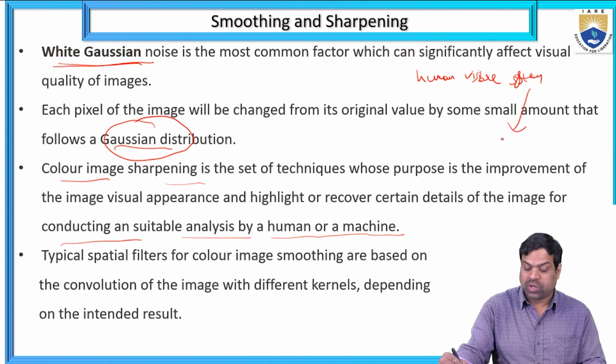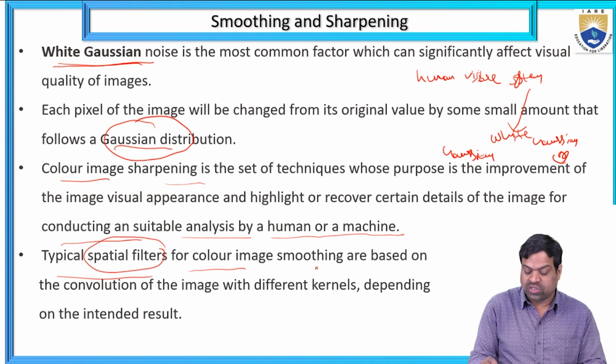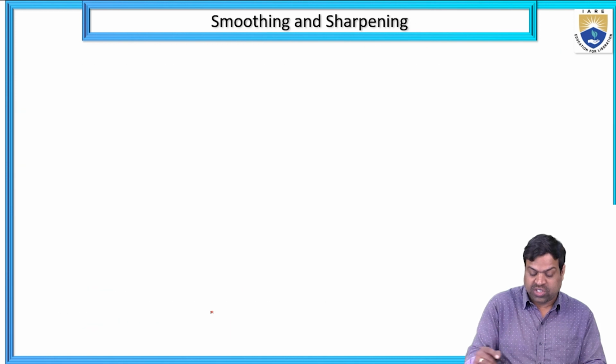As per the human visual system, we are applying the white Gaussian or Gaussian technique here. Spatial filters for color image smoothing are based on the convolution of the image with kernels depending on the intended results.